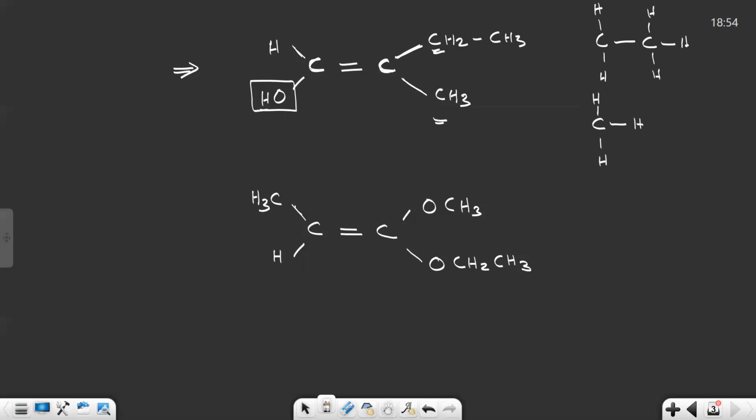So first we have considered both these carbon atoms, and there is a tie. Now we need to move to the next atoms. Here there are two hydrogens and here also we have two hydrogens. Now here we have one hydrogen, but here there is a carbon. So this one has higher priority. So this is the high priority group and both groups are on the opposite side. So this is an example of an E isomer.